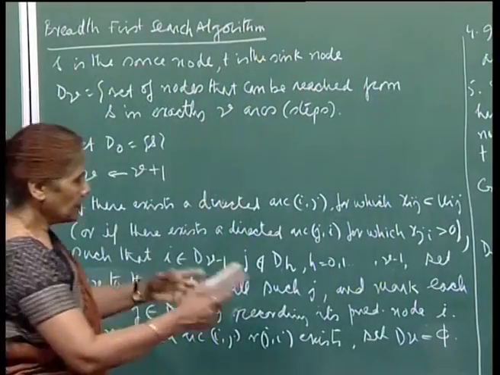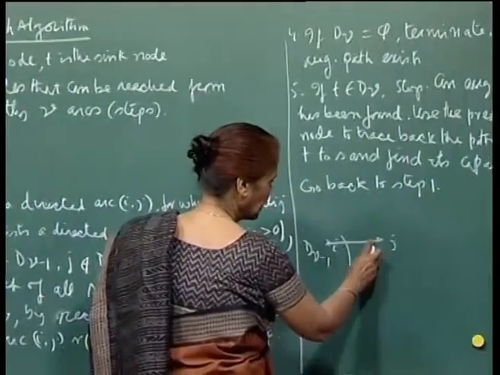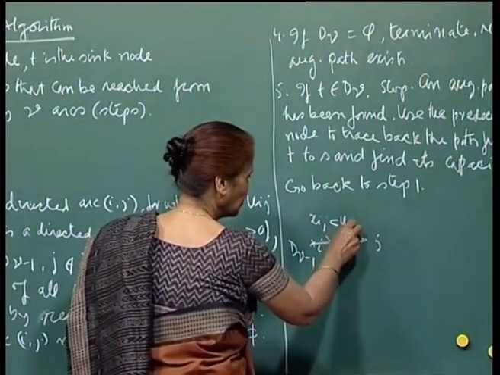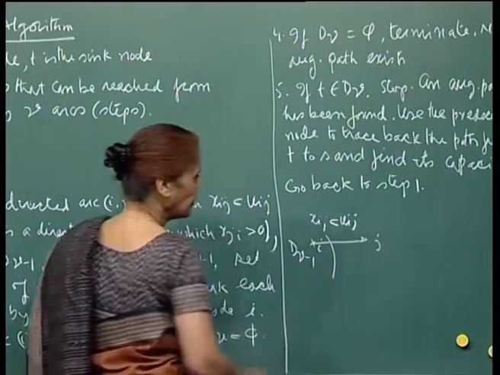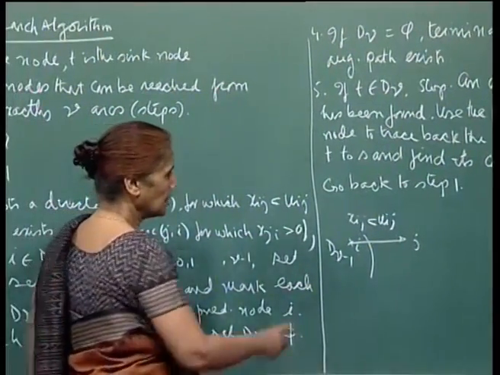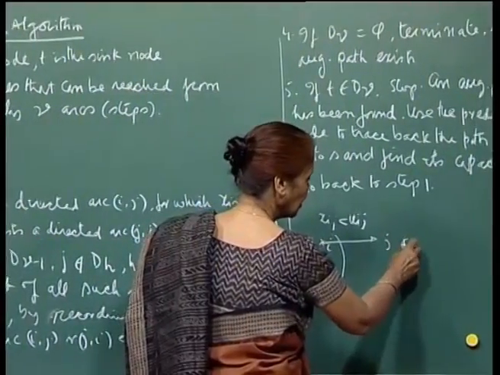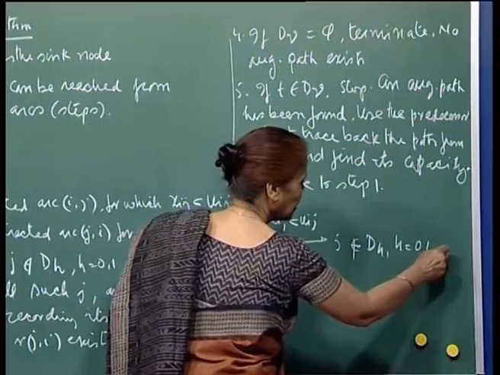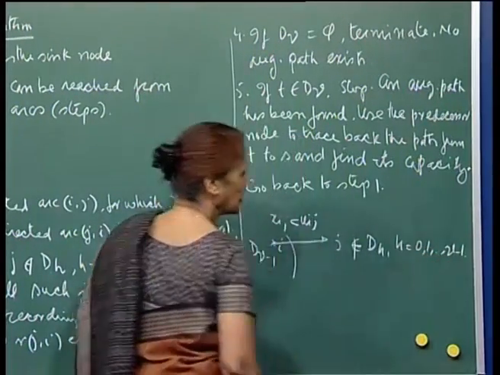So, if j is such, and if you have x i j less than u i j, that means I can augment the flow on arc i j, then j does not belong to D h where h varies from 0, 1 to nu minus 1. This is the idea.